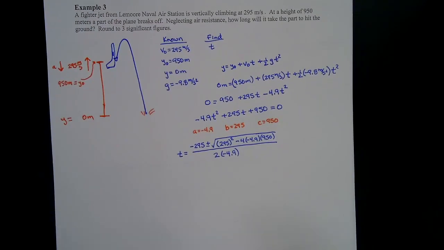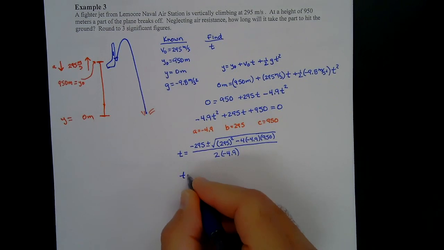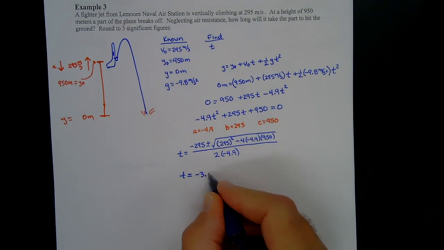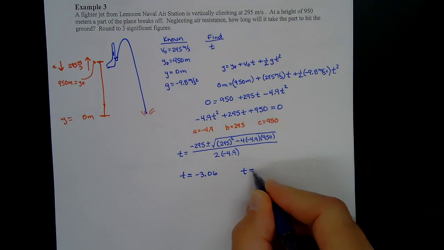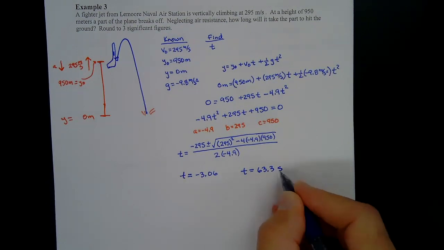So putting this into Desmos, we get T is approximately negative 3.06, and T is equal to 63.3 seconds.